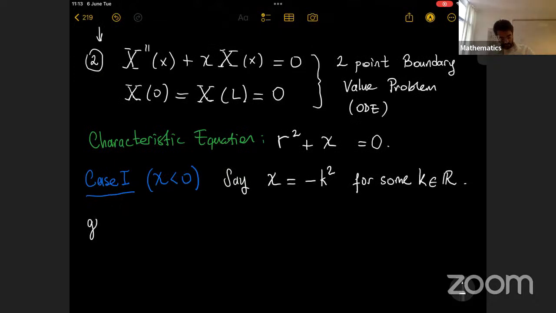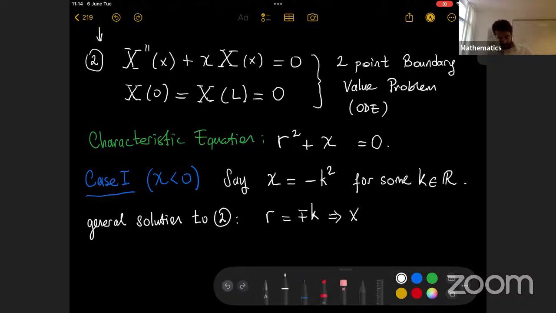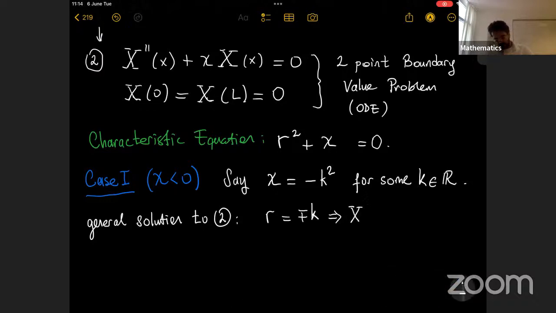So the general solution to 2: the roots are r equals plus or minus k, which implies our function, the solution, is going to be c1 times e to the kx plus c2 times e to the minus kx.